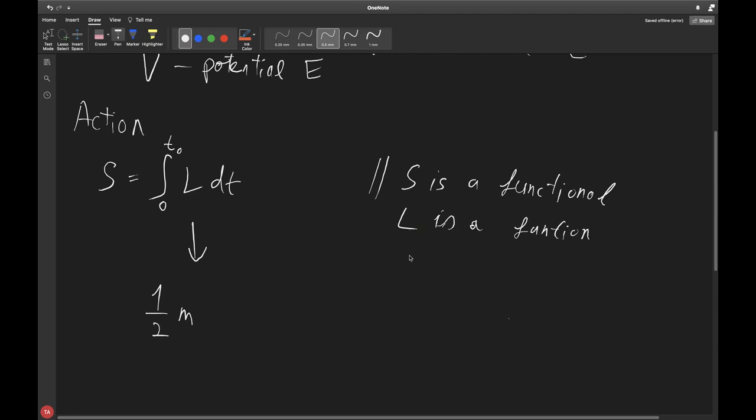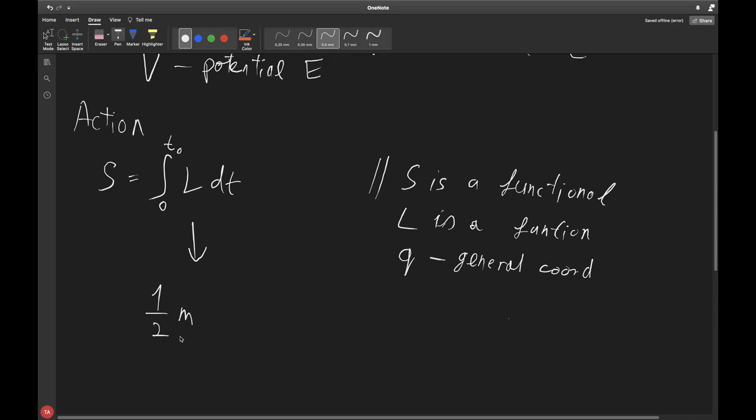But I'm going to call the coordinates q instead of using x or r or something like that. So q is the general coordinate.